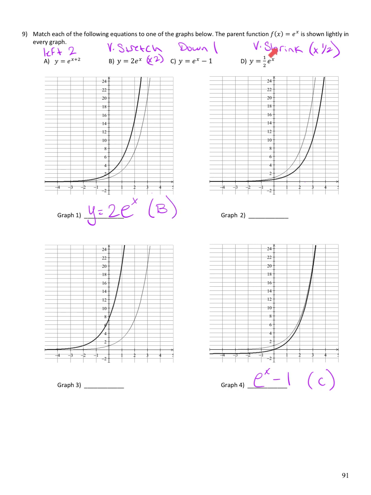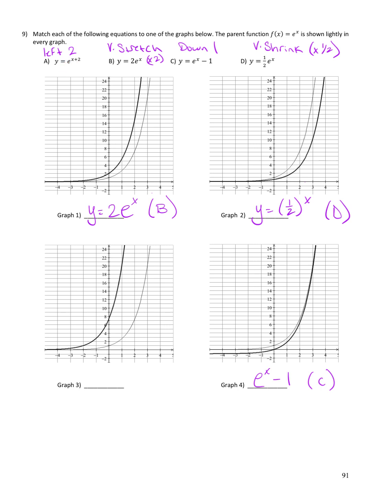Then for my vertical shrink, every point should change, but the y-intercept is a nice one to follow. The y-intercept of the original was at 1, and this one has a y-intercept that's half of that, at a half. So this is y equals 1/2 e to the x, or equation D, which means that this one would have to be the left 2, e to the x plus 2.